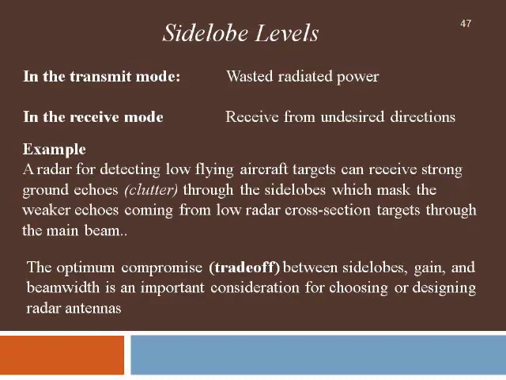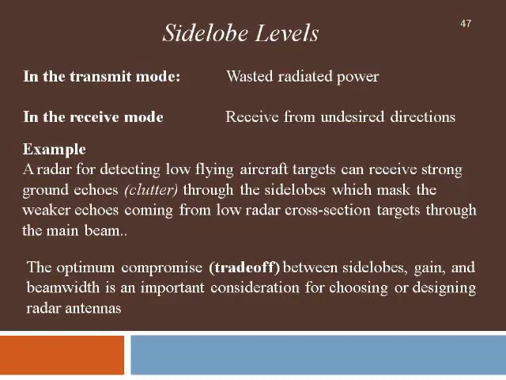In the receive mode, the radiations from unwanted targets can be received through these side lobes. So a radar for detecting low flying aircraft targets can receive strong ground echoes through these side lobes, which may mask the weaker echoes coming from low radar cross section targets through the main beam.